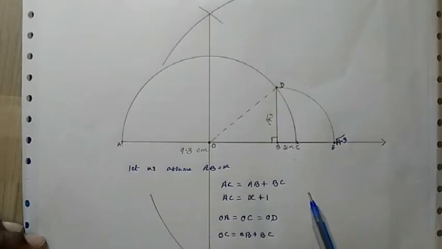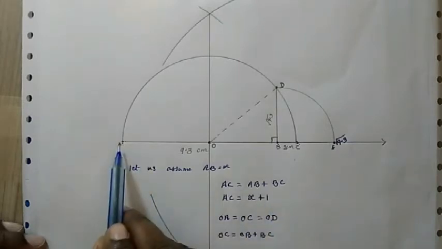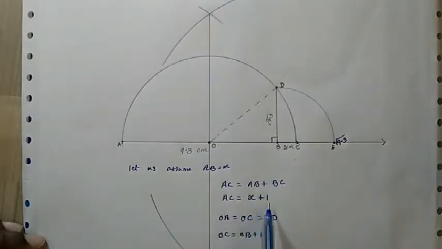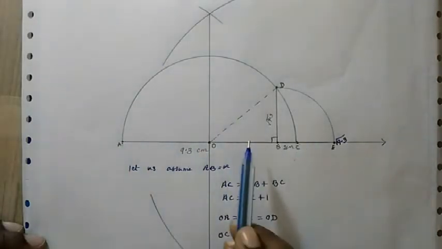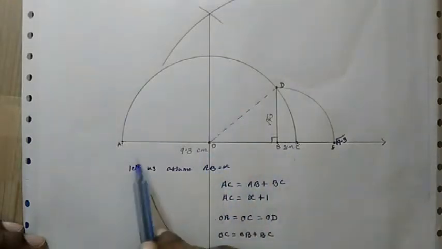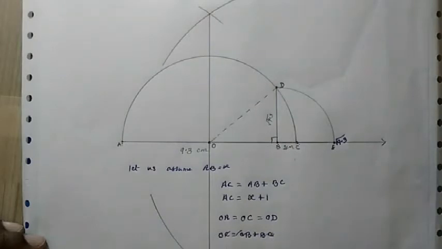Or else we can also understand it the other way. AC is X plus 1. That means if AC is X plus 1, then OC will be half of AC. So OC is half of AC.